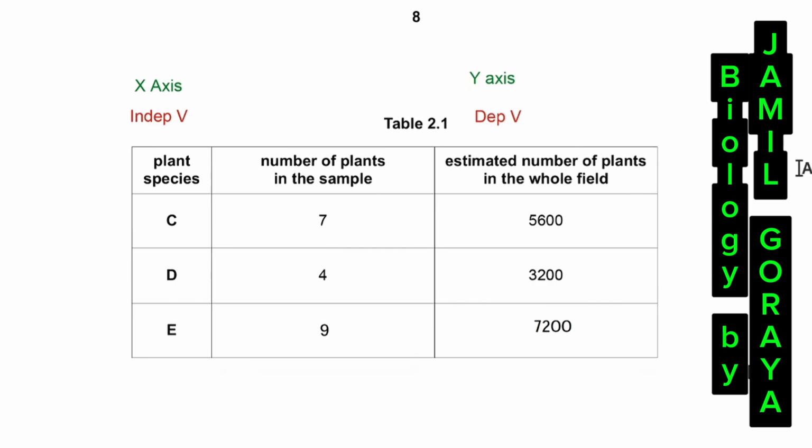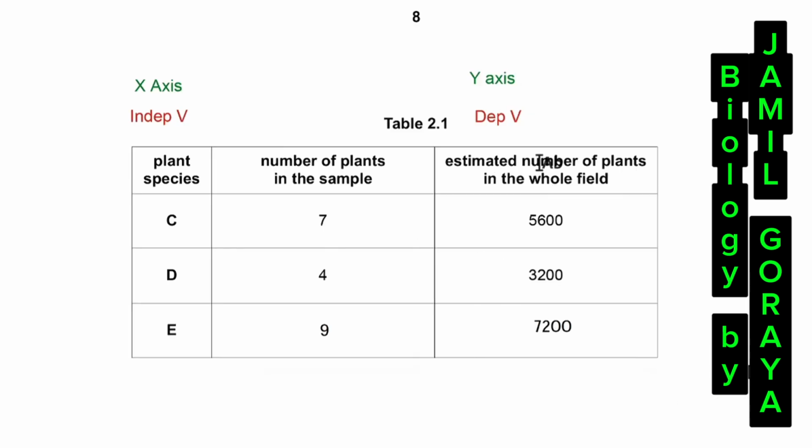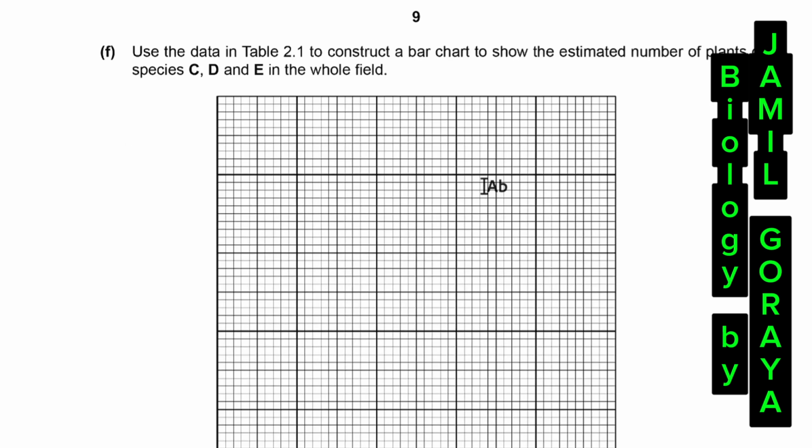Next step is labeling the axis. So now let's move to the graph. On x-axis, we will write plant species as per given data. And on y-axis, we will write estimated number of plants in the whole field.